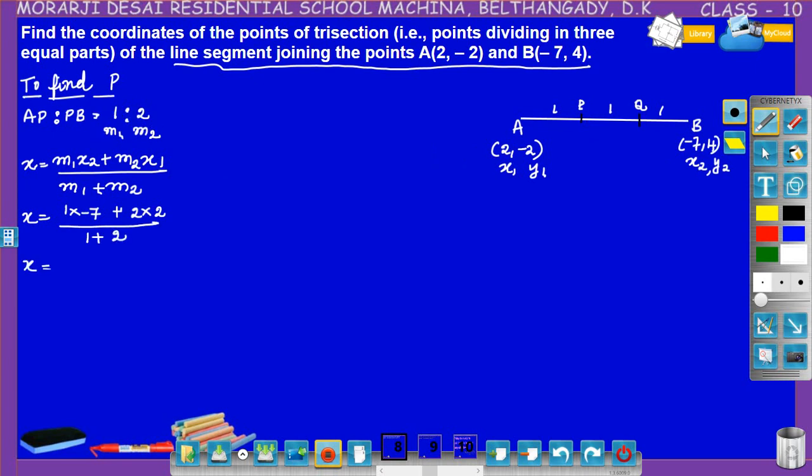So x is equal to (minus 7 plus 4) by 3. Minus 7 plus 4 is minus 3, by 3 is equal to minus 1. That is, x is equal to minus 1. Now, the y coordinate is equal to the y coordinate of point P.